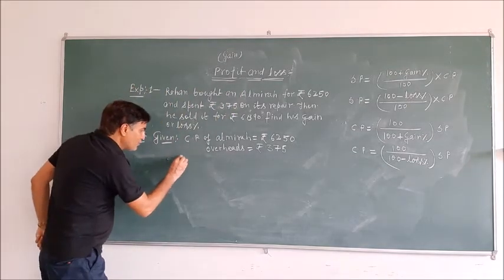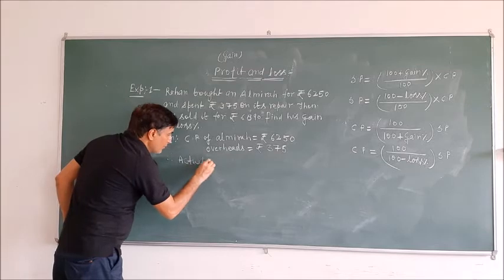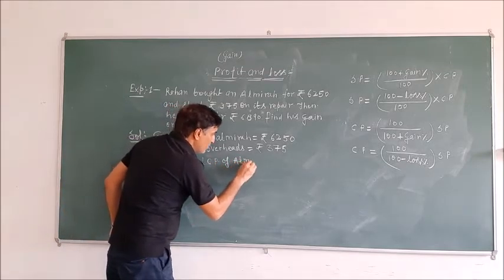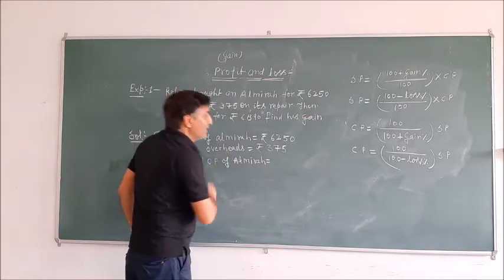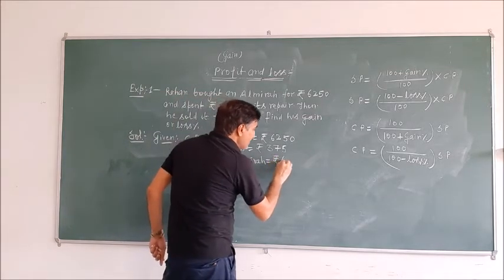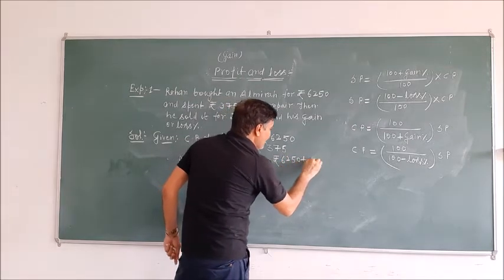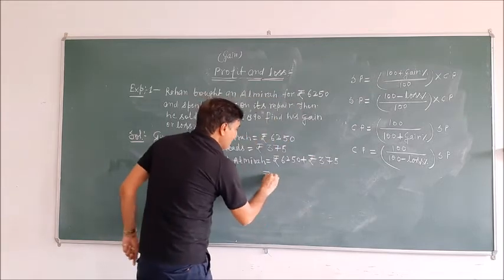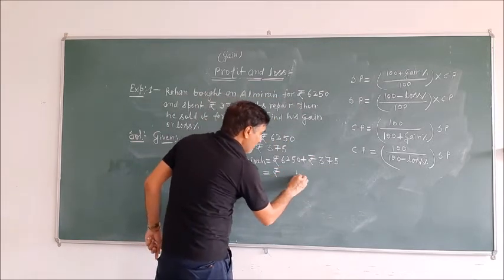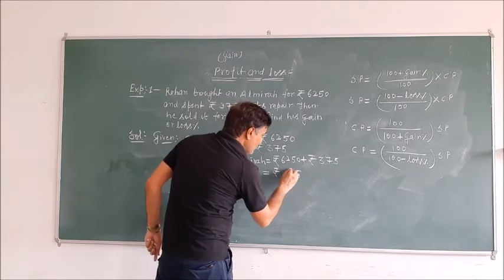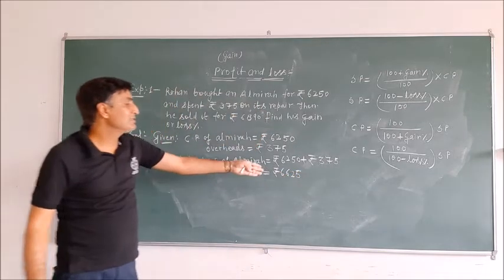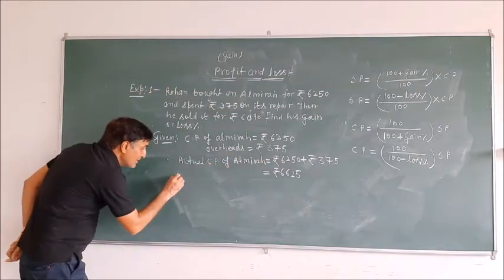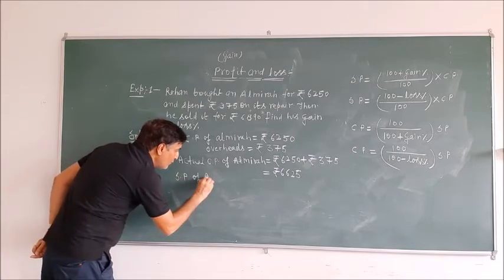So the actual cost price of the almirah becomes rupees 6,250 plus rupees 375, which is rupees 6,625.